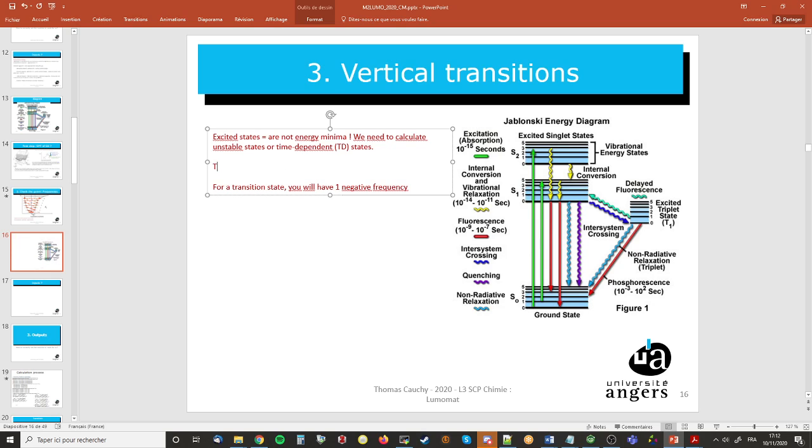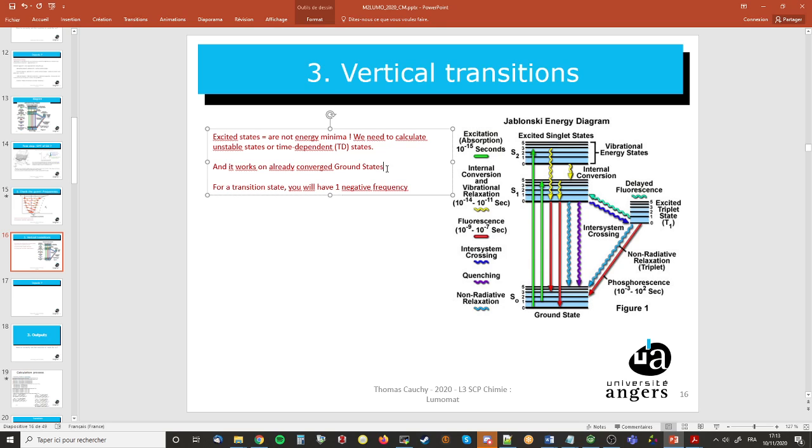For example, it works on already converged ground states. If you calculate the excited states of a non-relaxed ground state, you can have strange answers.